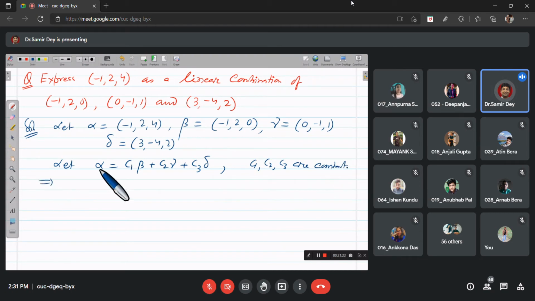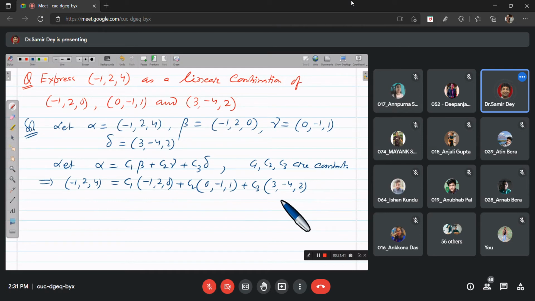Now you write down what is your alpha. -1 to 4 is equals to C1 times -1 to 0 plus C2 times 0 -1 1 plus C3 times 3 -4 2. Correct? This line is correct.